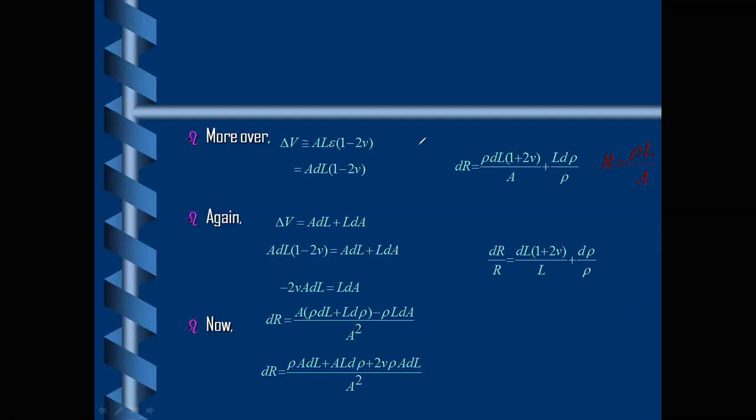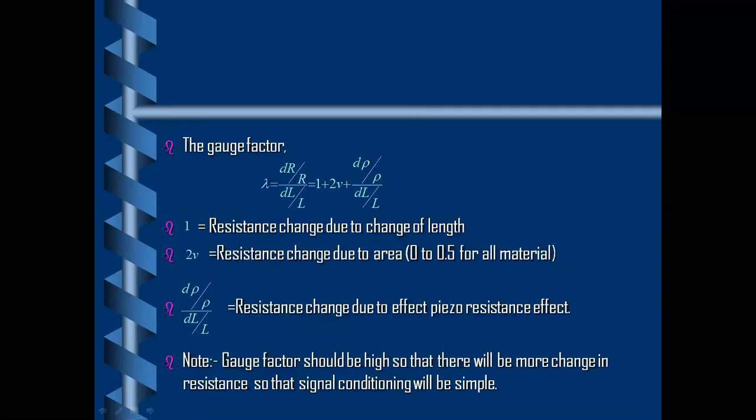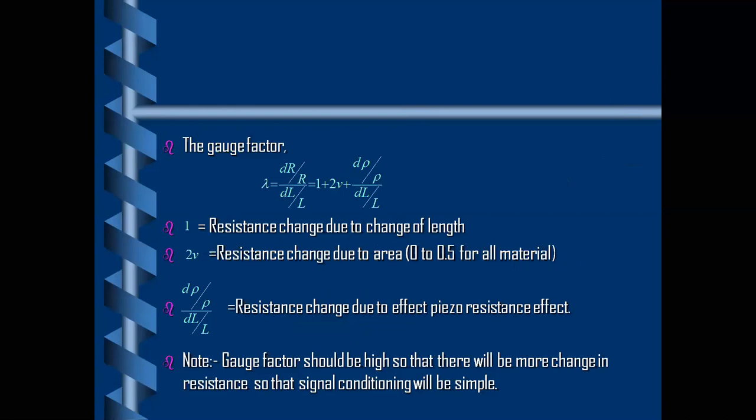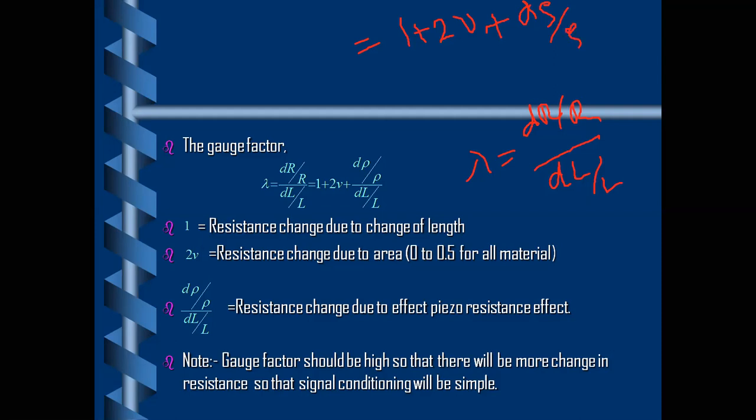Furthermore, your gauge factor has been defined as the ratio of change in resistance divided by change in the length of wire, which can also be given as 1 plus 2 mu plus d rho by rho divided by dl by l.